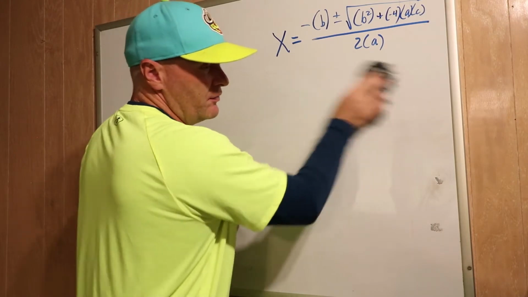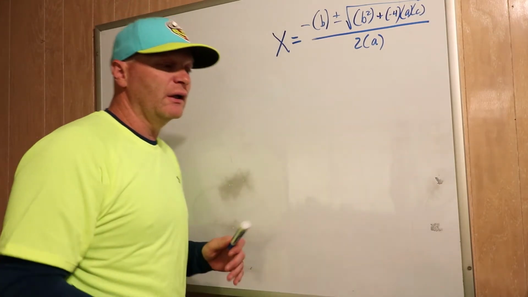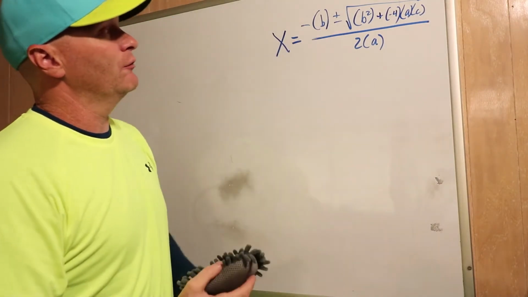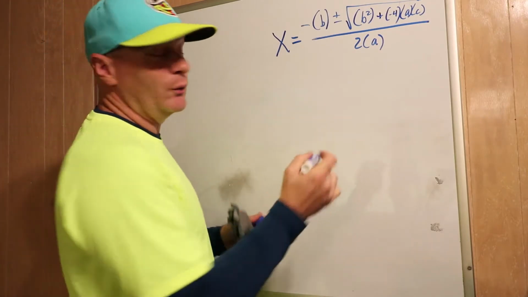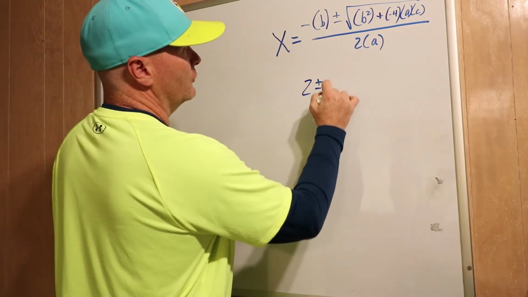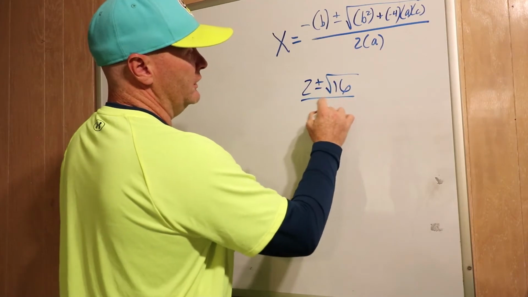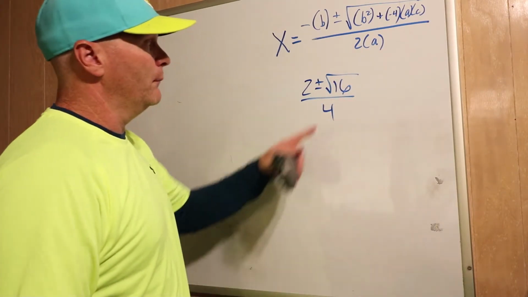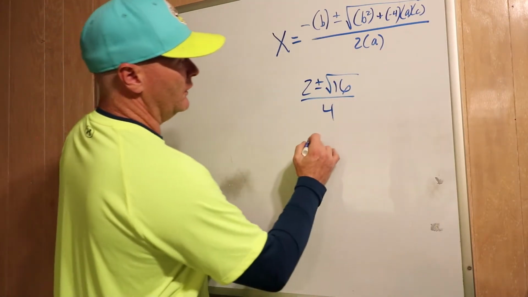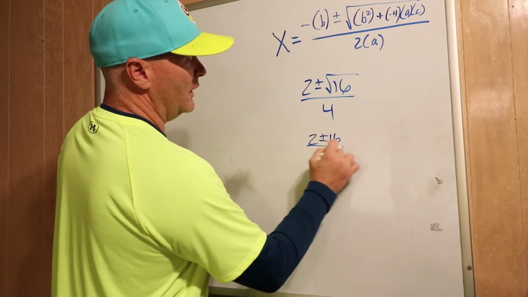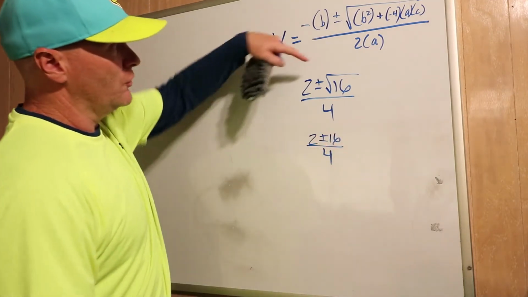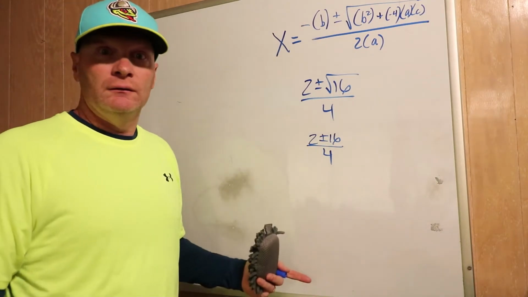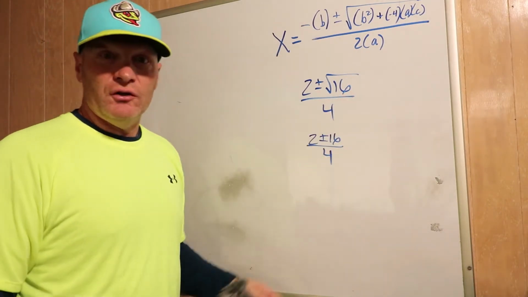The third problem I saw a lot is we were forgetting the square root. A lot of you would get to something like this, 2 plus or minus the square root of 16 over 4. I just made that up. And then your next step would look like this, 2 plus or minus 16 over 4. So the square root is gone, but it's still a 16.